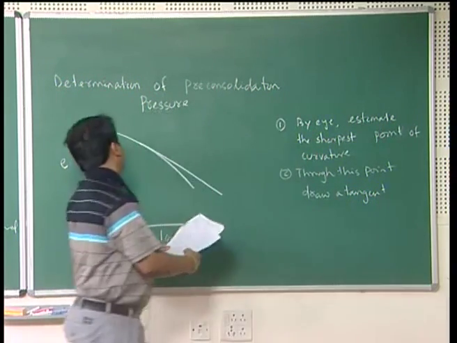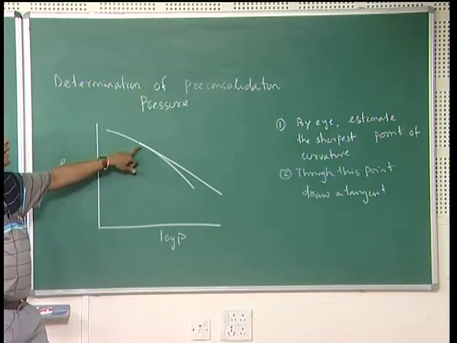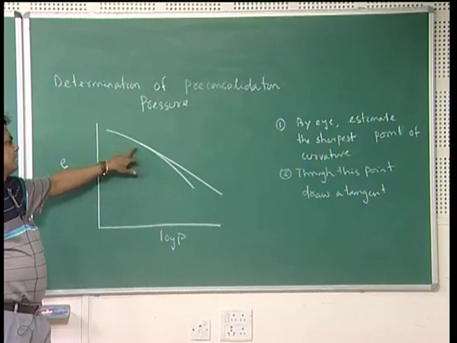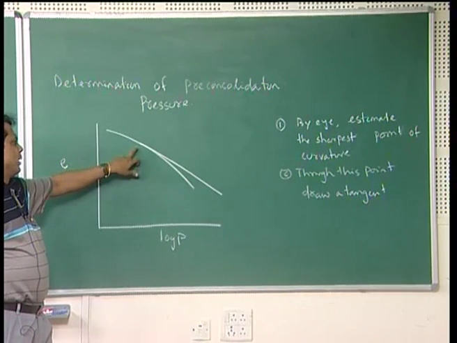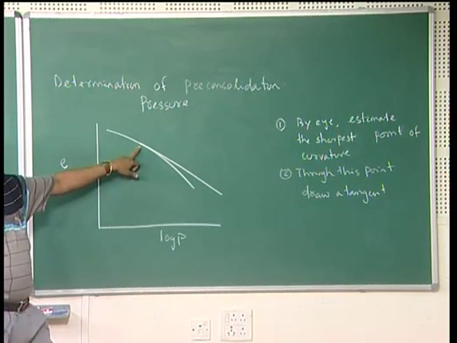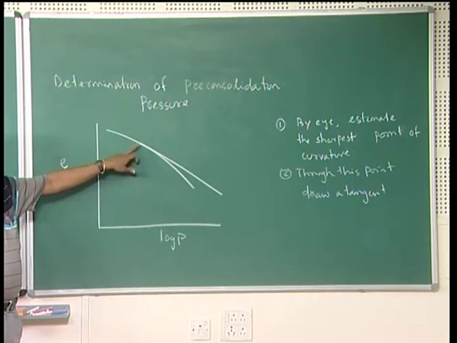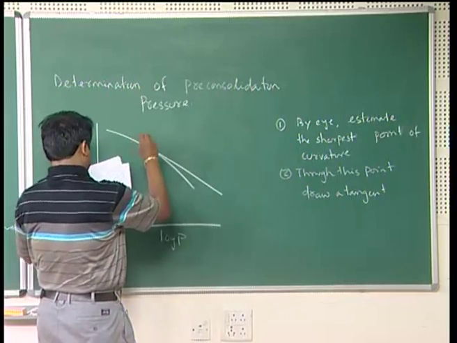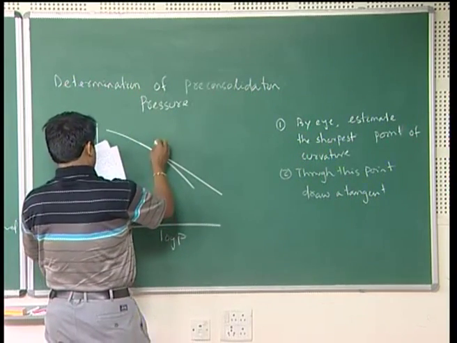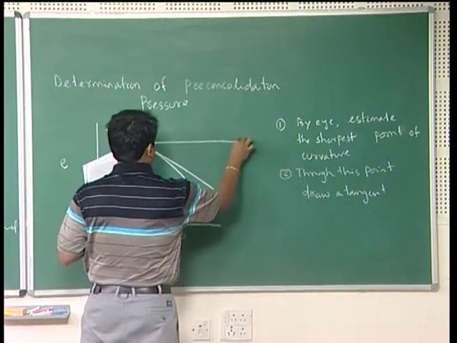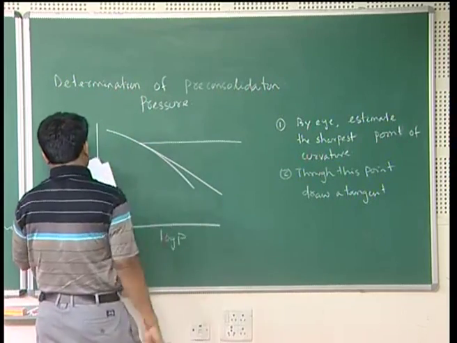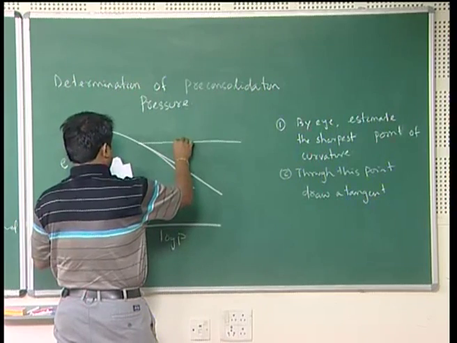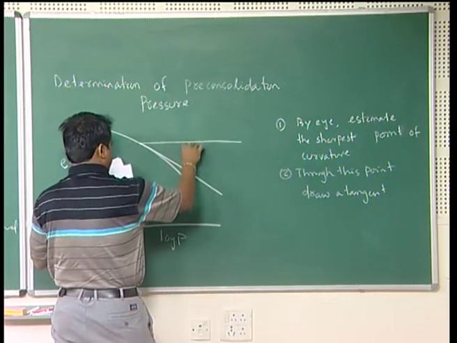As a beginner it will take time, but once you practice, you can easily identify the sharpest point of the curvature. Once you identify it, through this point you draw a tangent. With this point a horizontal line is drawn, and this will generate an angle, say alpha.